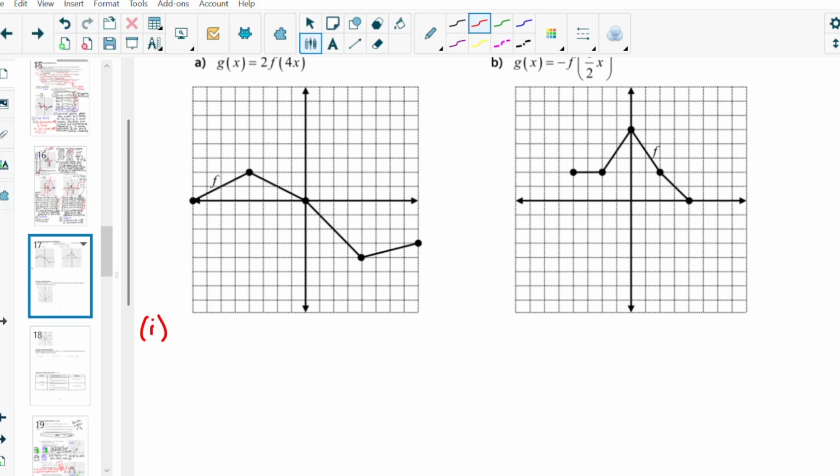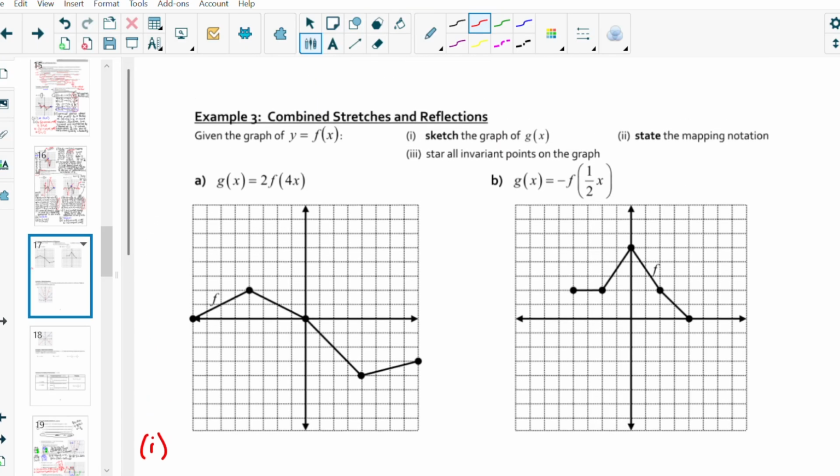Okay, so up here, what kind of transformations do we got going on? So this time we have two kinds of stretches. So my A value equals 2, and my B value equals 4.